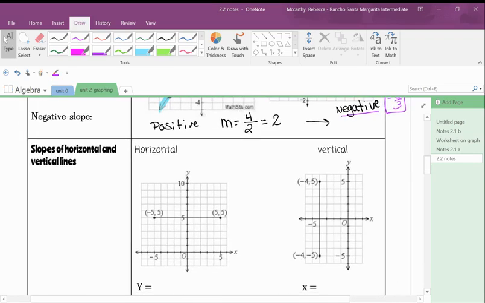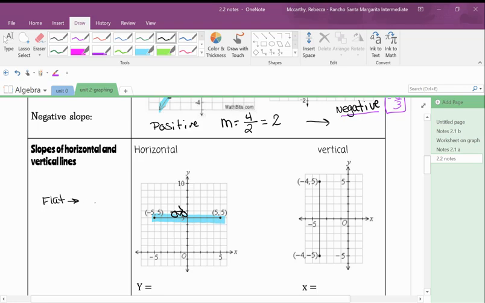So here we've graphed a horizontal line, and I want to talk about what's the slope of these kinds of graphs. Well, if I go back to the analogy of the Tour de France, so here's my bike dude. Is it steep? There's no steepness at all. It's nice and flat.